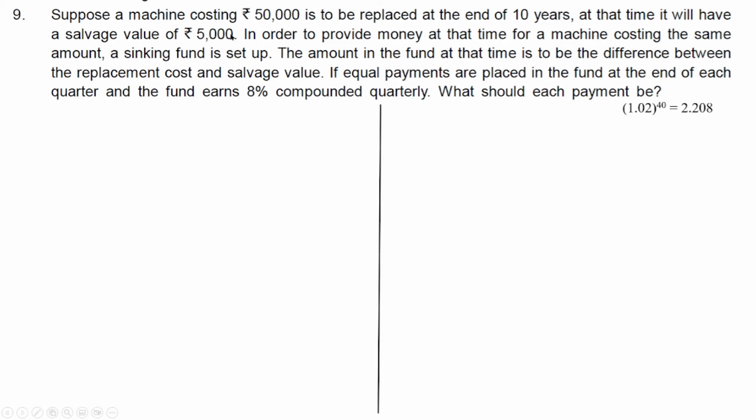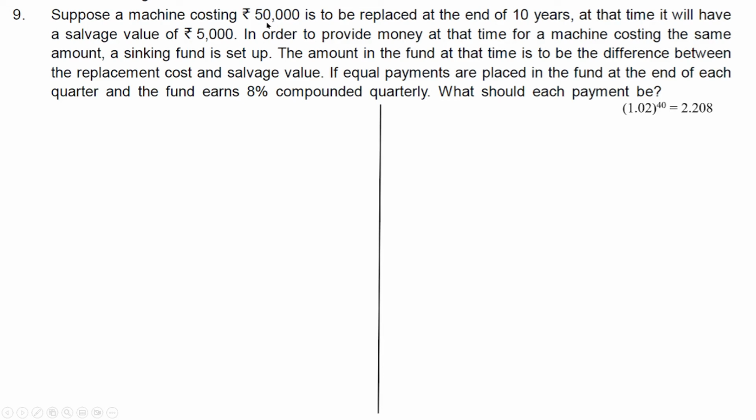So here we have a machine costing rupees 50,000 that has to be replaced at the end of 10 years, and at that time it will have a salvage value of rupees 5,000. It is also given that the amount in the fund at that time is to be the difference between these two, replacement cost and the salvage value.